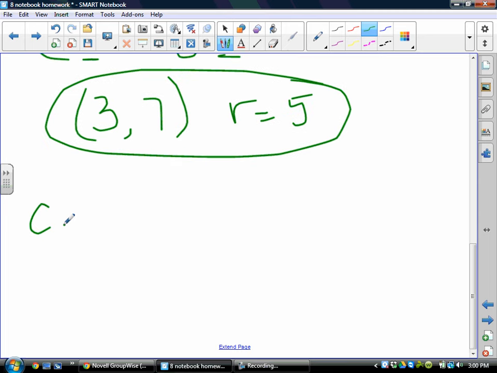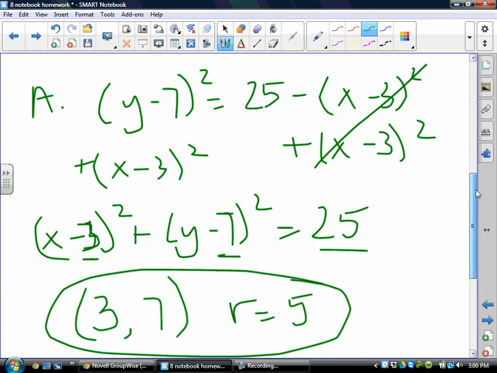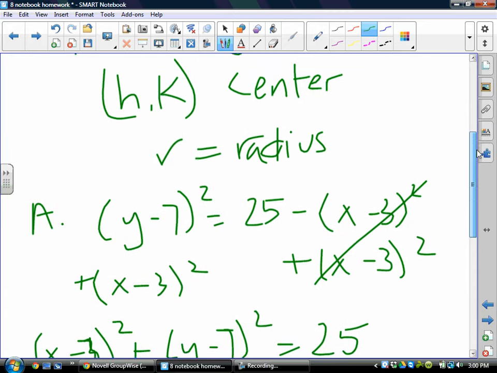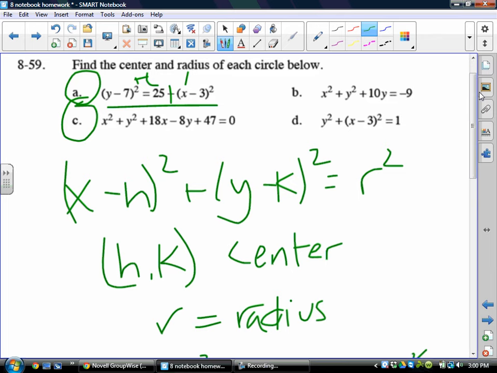Okay, so I have x squared. I'm going to put my x's next to each other, so I have x squared plus 18x. And then I have y squared minus 8y. And then I'm going to subtract that 47 that was on the left side, because all I want on the left side is stuff in parentheses with x's and y's in it.